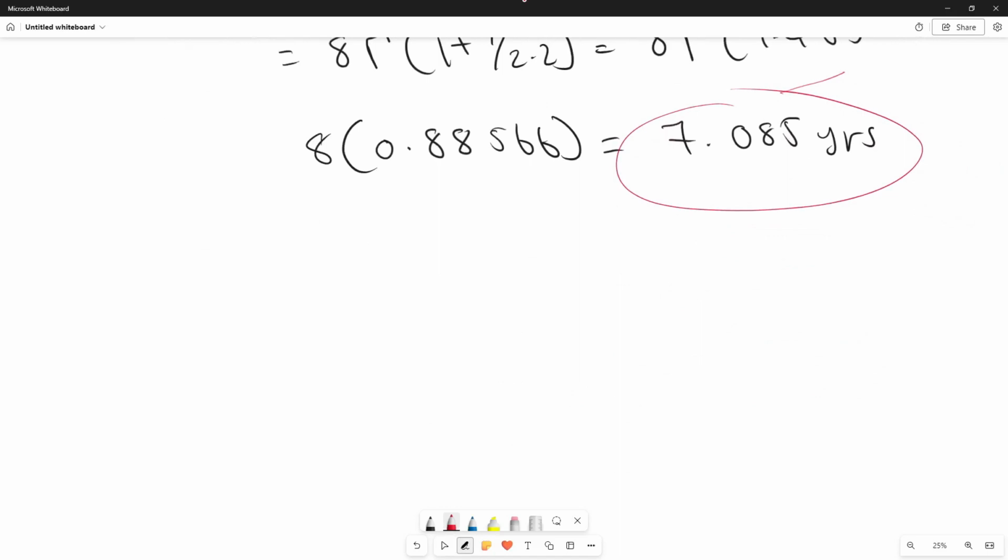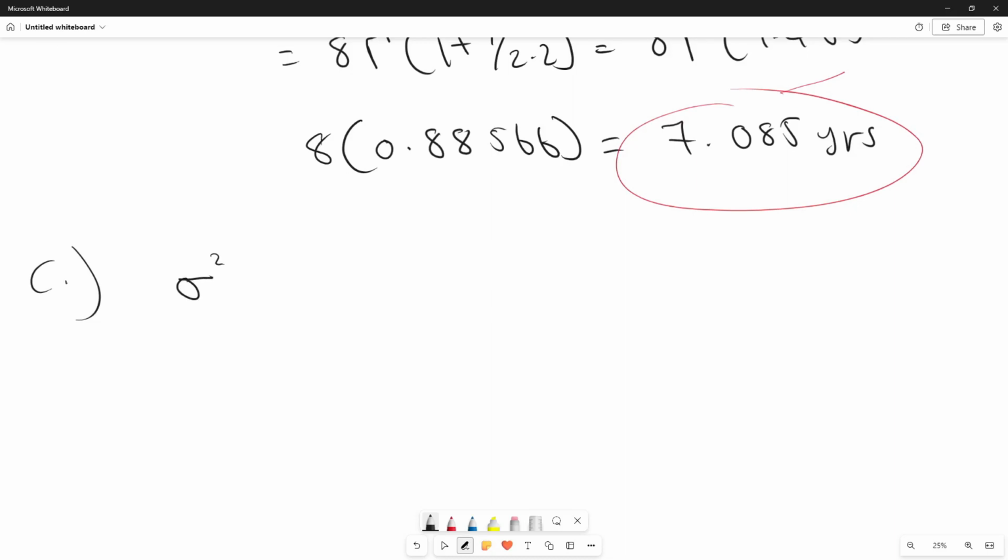Okay, C. Standard deviation. So standard deviation is the square root of variance. Let's call standard deviation sigma, so variance is sigma squared.